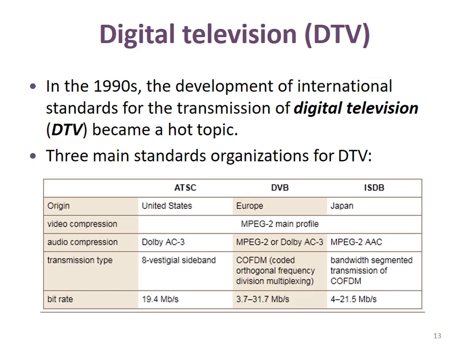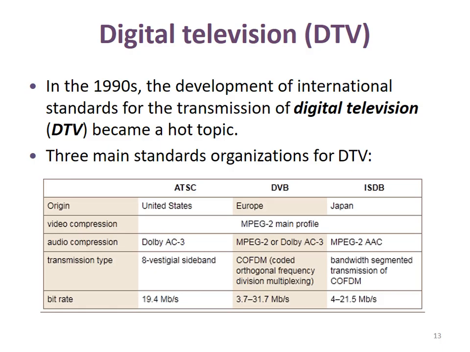Next let's see some digital television standards. Previously we have ATSC, DVB, and ISDB. We may quickly review what the differences are between these three standards. The first thing is that they apply to different regions.